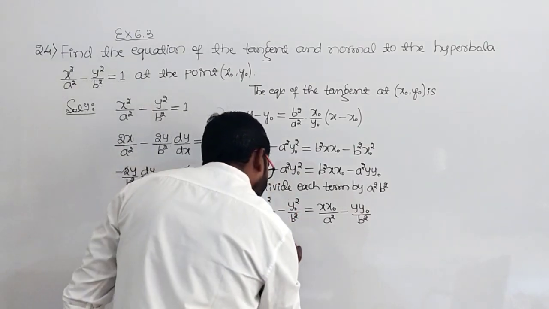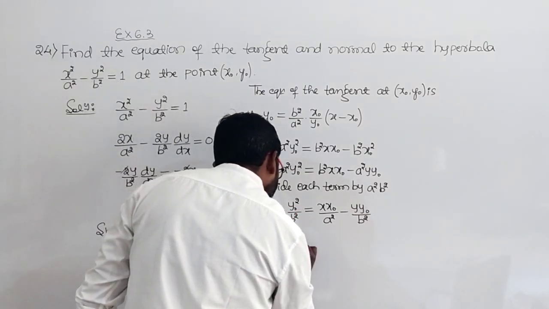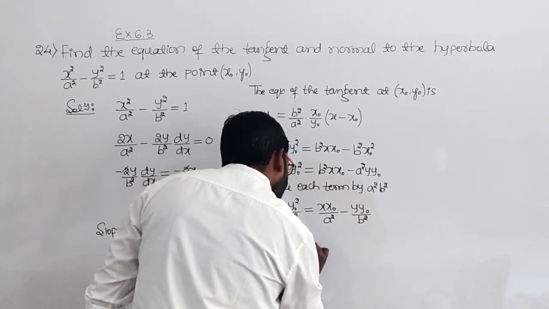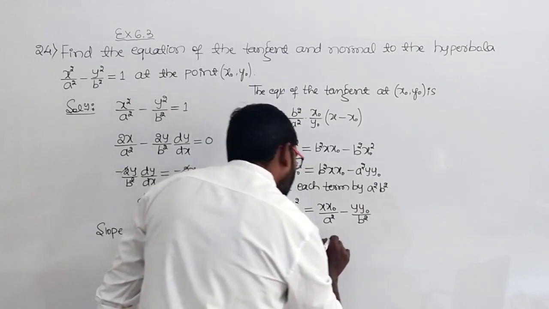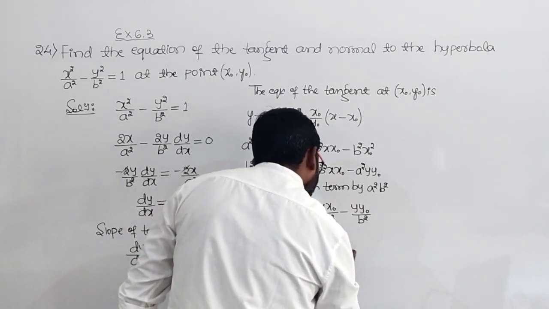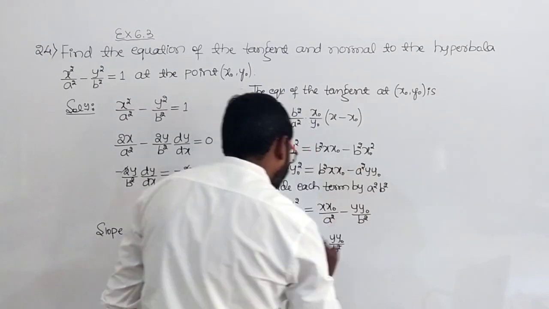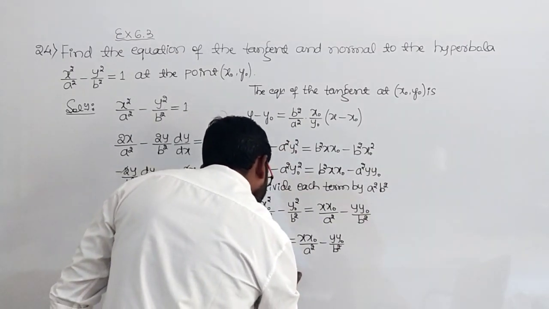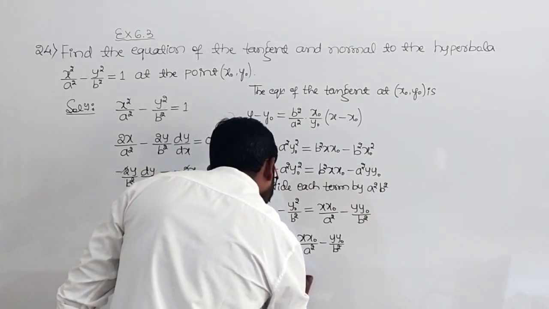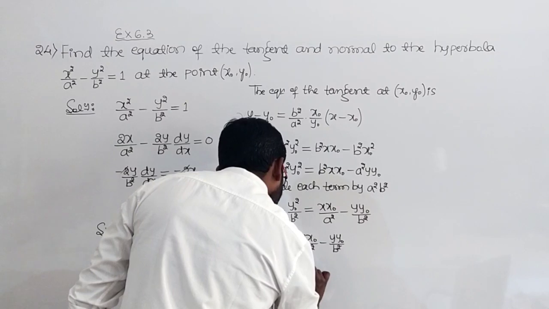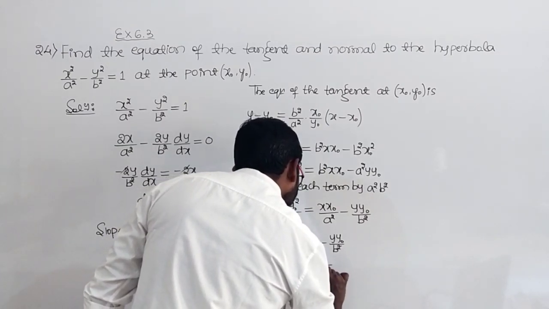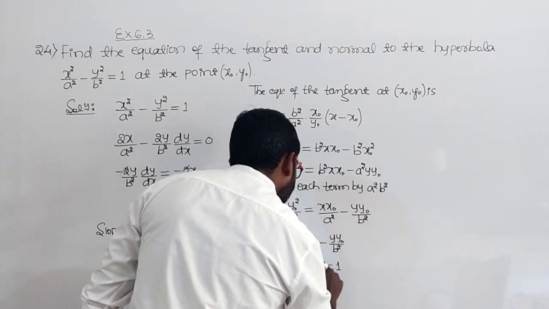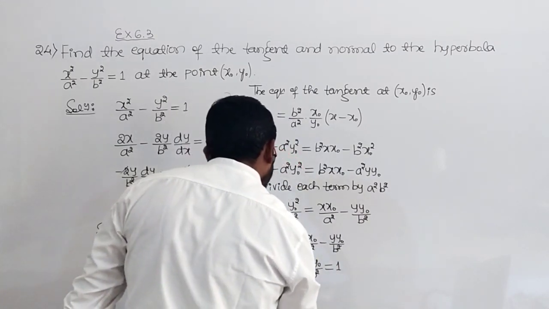So here I will be replacing the left hand side by 1, which is equals to x naught x by a square minus y naught y by b square. This implies x naught x by a square minus y naught y by b square is equals to 1. So this is the equation of the tangent.